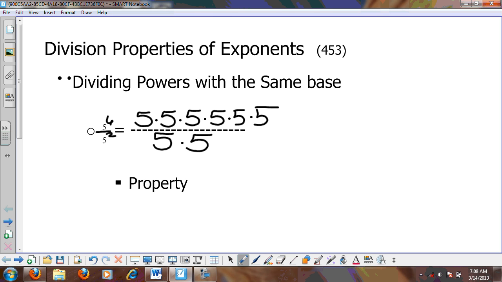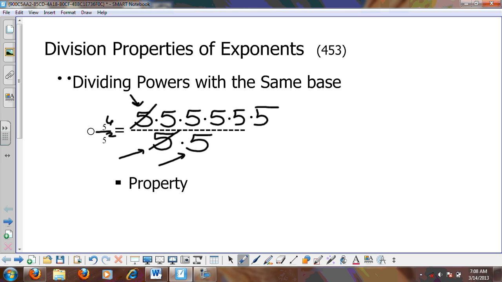Now, if you think back to the properties of fractions that you know, what do you know about fractions when you have a number in the numerator and that same number in the denominator? Yes, you can cross them out because 5 divided by 5 is 1, and 1 times itself is itself. I had a 5 in the denominator and a 5 in the numerator.